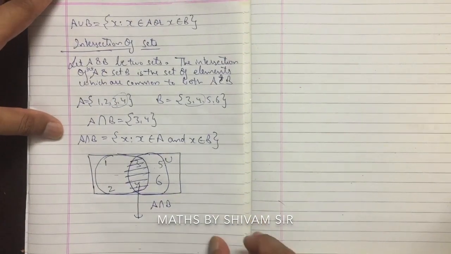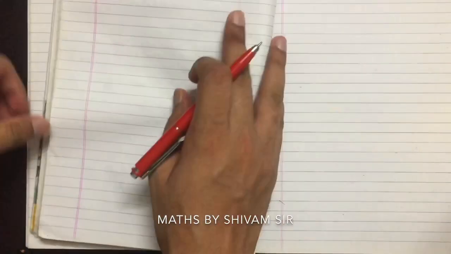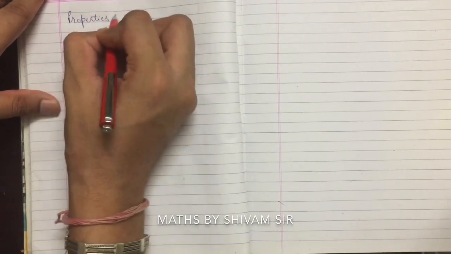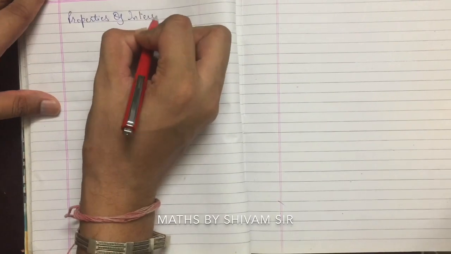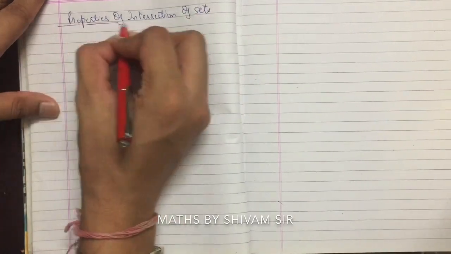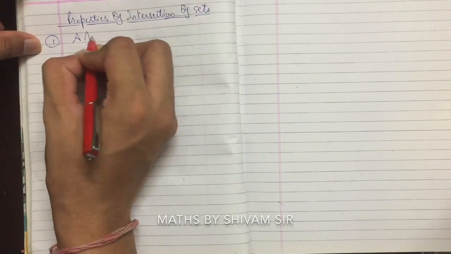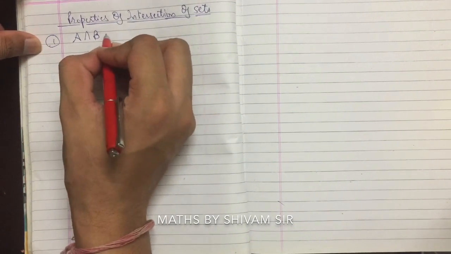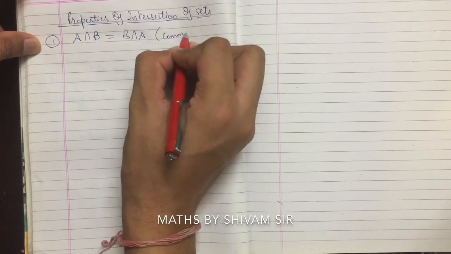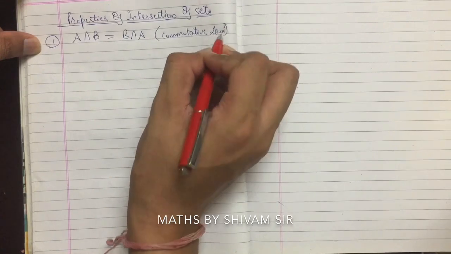So let's talk about properties of intersection of sets. Again, the same laws. First, A intersection B is equal to B intersection A, the same commutative law.